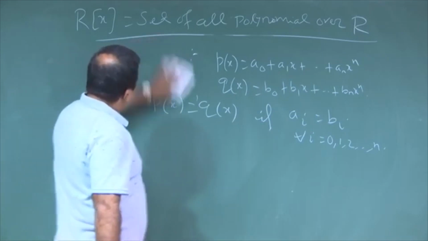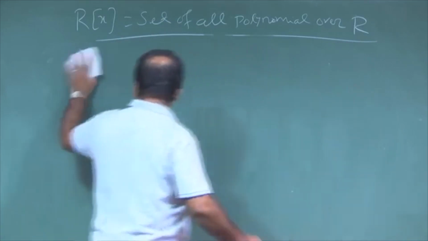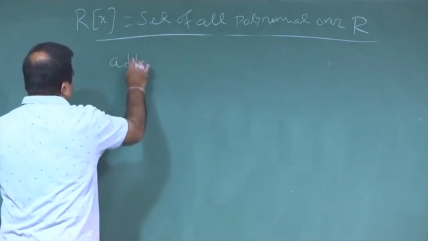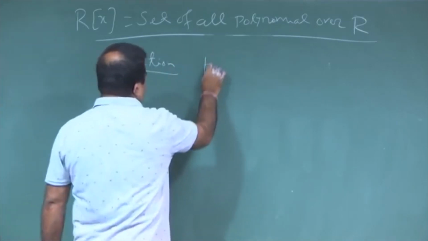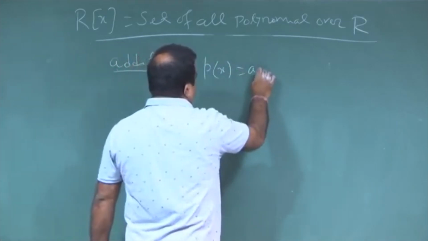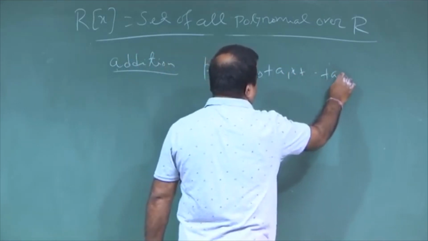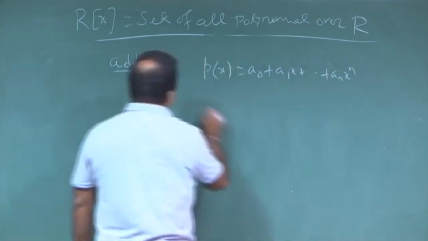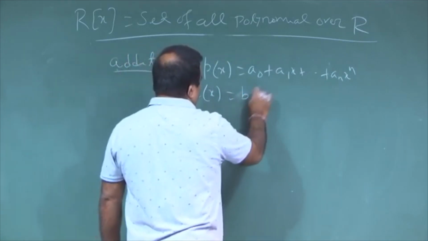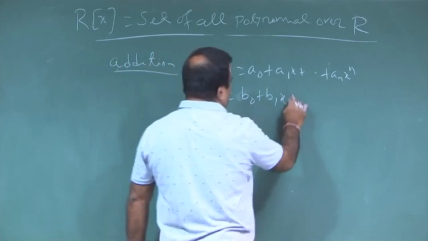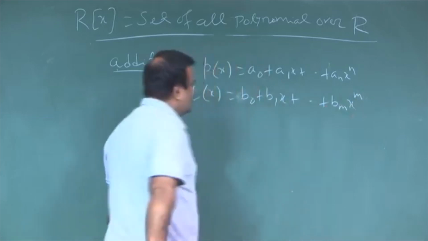Now, we define the addition between two polynomials. Suppose you have a polynomial p x of degree n, with last term a n x to the power n, and a polynomial q x of degree m.